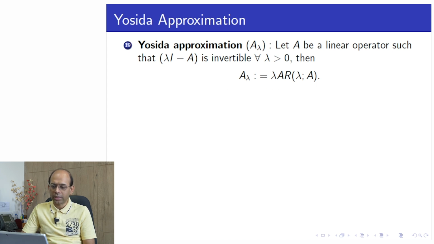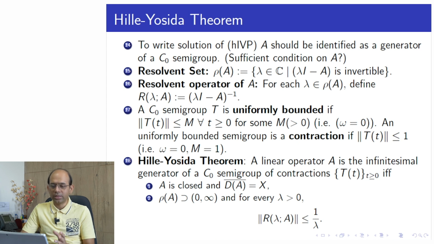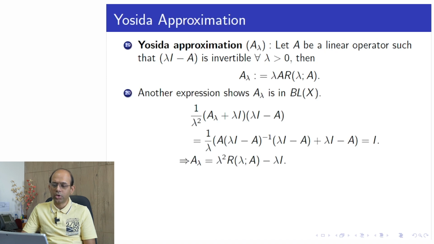In the Yoshida theorem, in the first step we prove that the norm of R(lambda, A) is less than 1 over lambda. So this is a bounded linear operator, so its norm is finite. Then it is multiplied with a scalar and subtracted by another bounded linear operator.